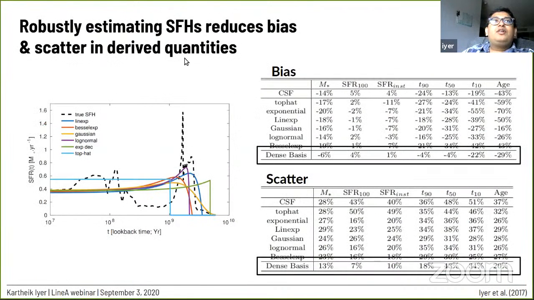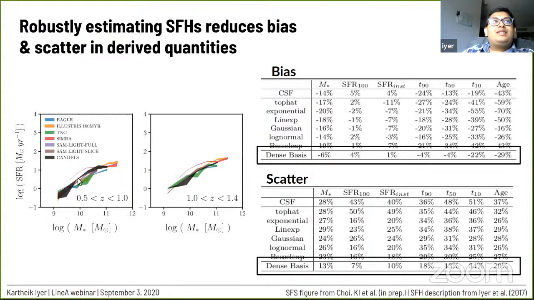We can also obtain more robust estimates of quantities that are derived from the star formation history by more accurately estimating the underlying star formation history. So if you look at the dense basis, it does better at the bias and scatter of recovering physical properties compared to other parametric forms.